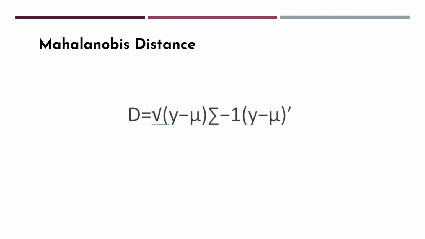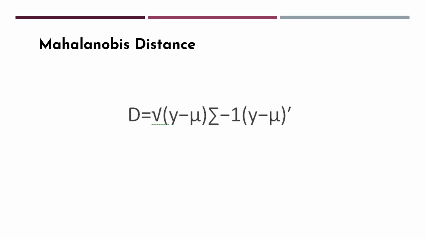This distance represents how far y is from the mean in the number of standard deviations. Mahal returns the squared Mahalanobis distance d square from an observation in y to the reference samples in x. In the Mahal function, mu and sigma are the sample mean and covariance for the reference samples respectively.